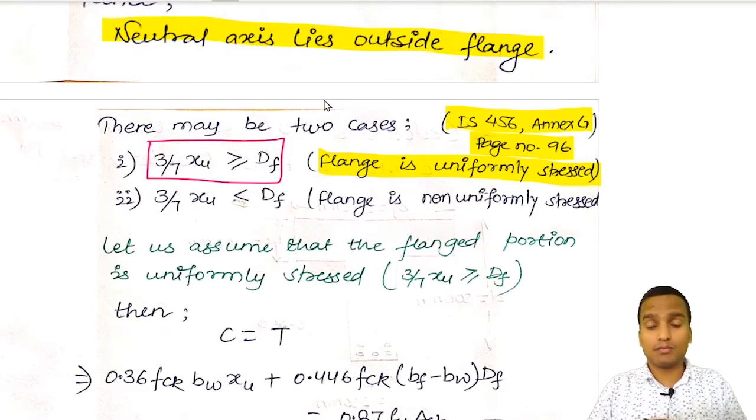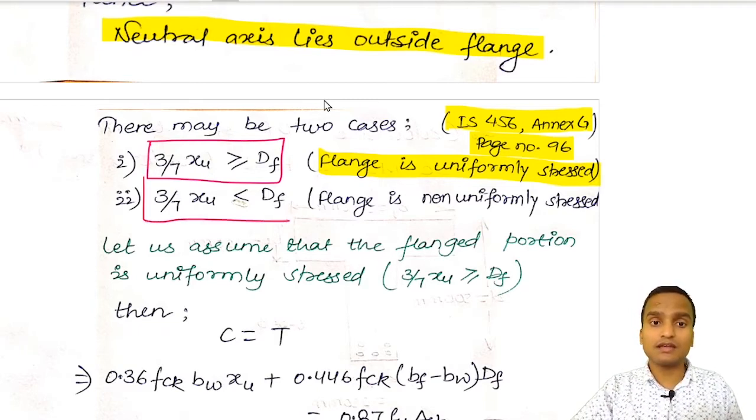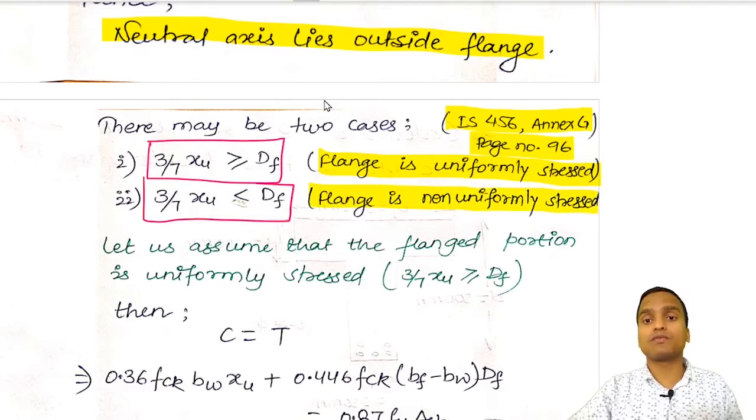Okay, but if it is not true, that means 3 by 7 xu is less than depth of flange, then of course the flange will be stressed, but it will be non-uniform stress over the flange. So we will be taking first of all the simpler case, that is 3 by 7 xu is larger than or equal to df.